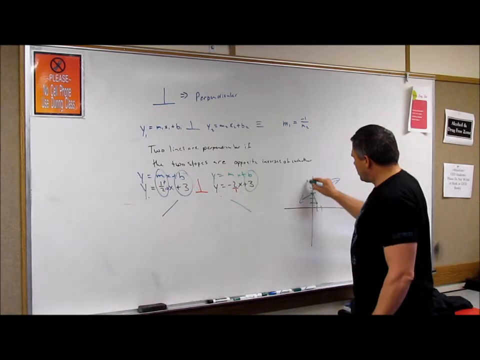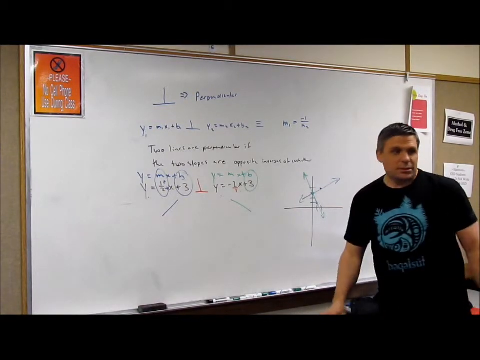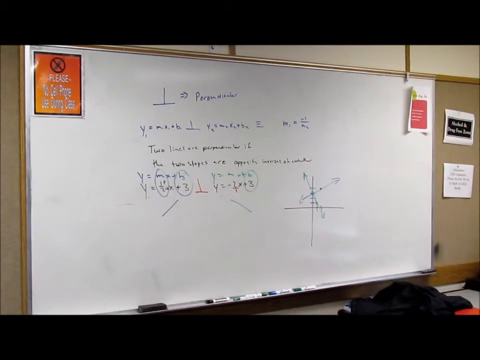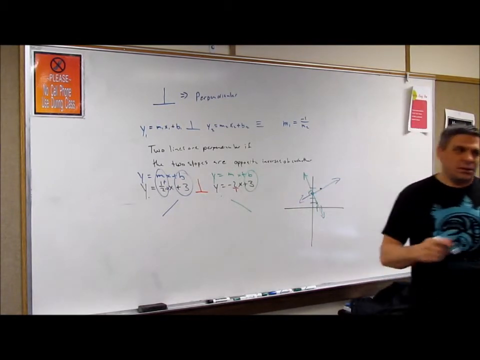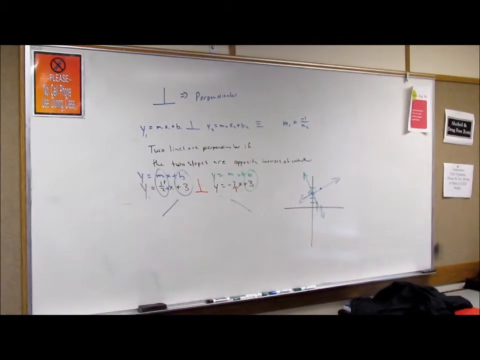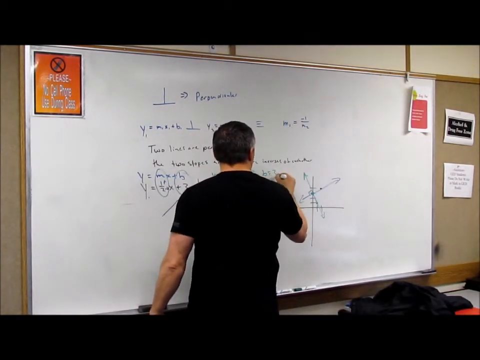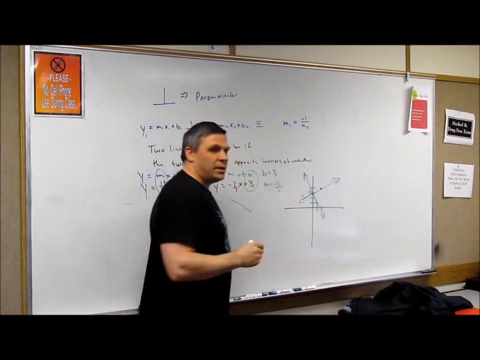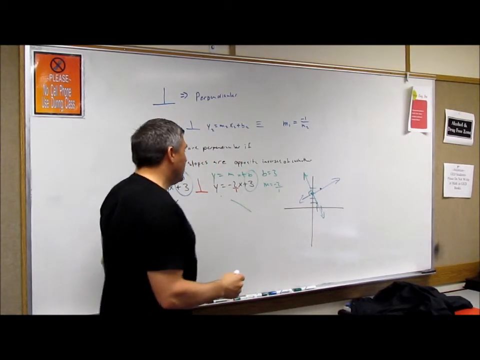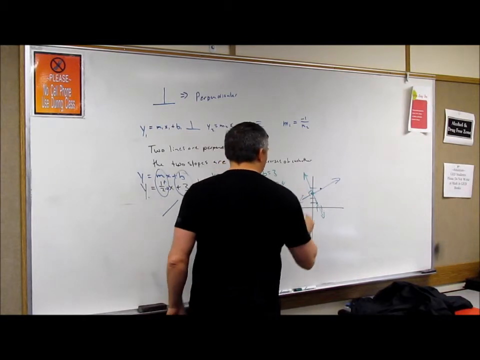So in this case, what happens when things are perpendicular is they always create... What did you do there on the second y? So you do your b first. Your b was 3. b equals 3, and m equals -2, or 2 over 1. So you go from the intercept. So we go down, and then right.